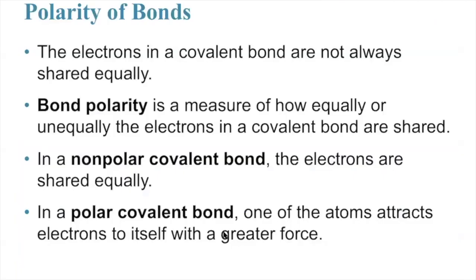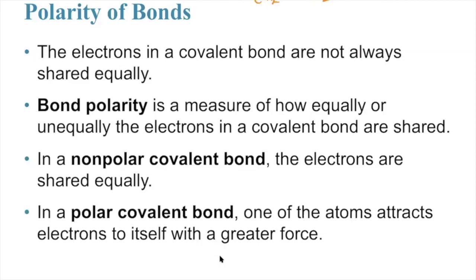Now, when you have two atoms that are identical to each other, such as Cl2 or H2, we are going to see that the energy is equally distributed because they are both equally pulling, since they both have the same electronegativity, which we covered earlier.